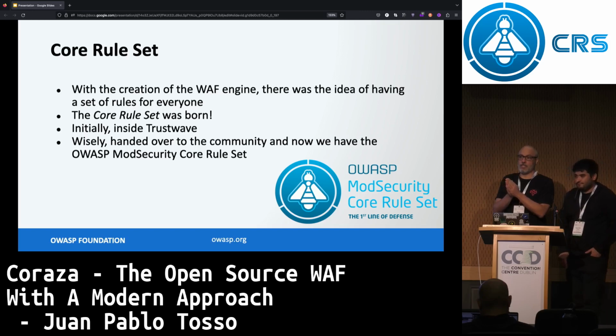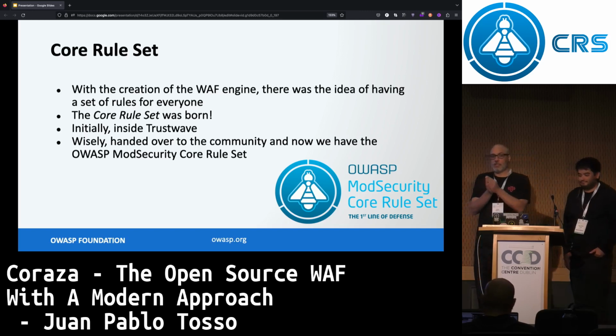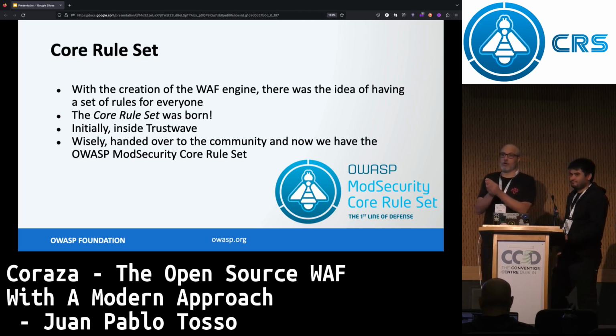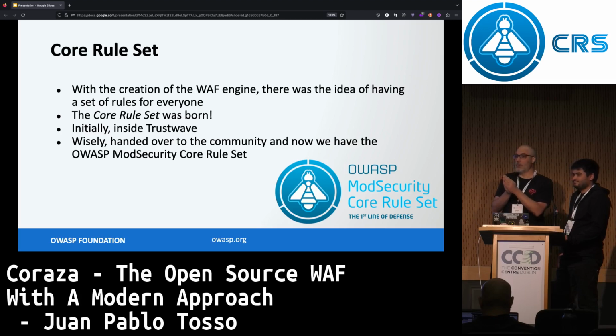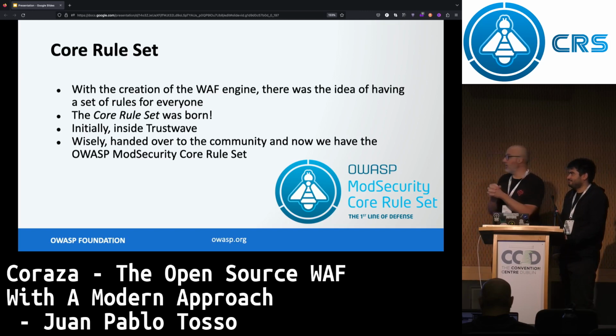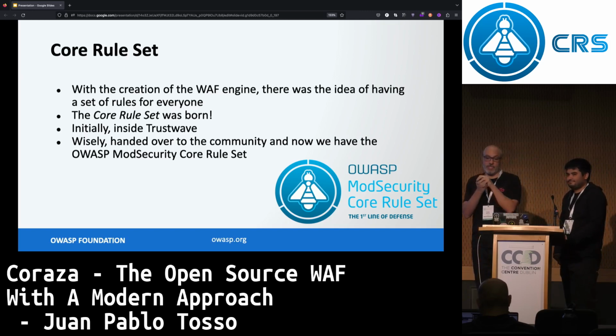So the engine should support that. So with the idea of having an engine for doing this, there was the idea of what is the minimum amount of things that we should cover in a rule set for doing a protection that is going to cover most of the problems we are seeing in the OWASP top 10 and in other places, right? So with that in mind, the core rule set was created.